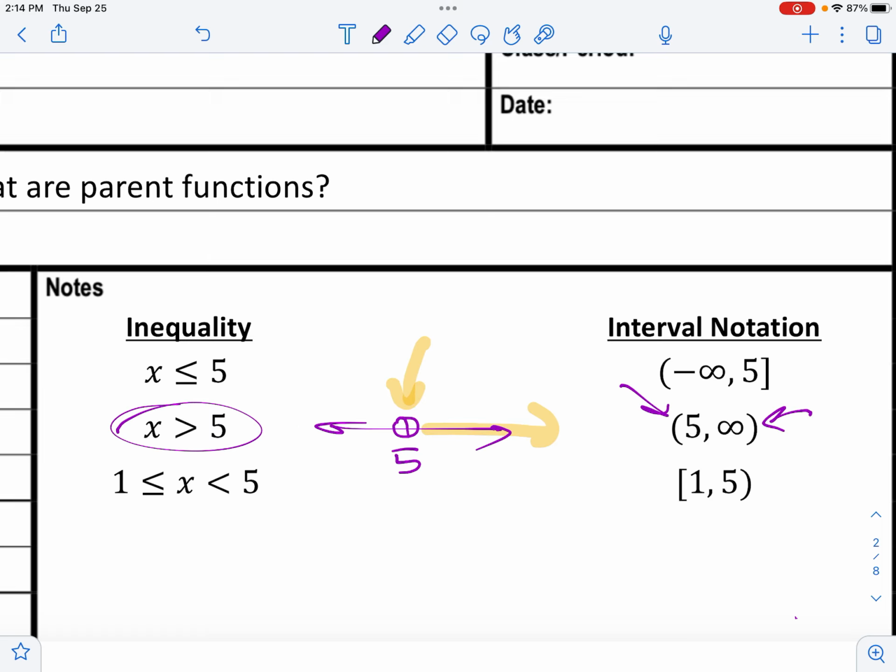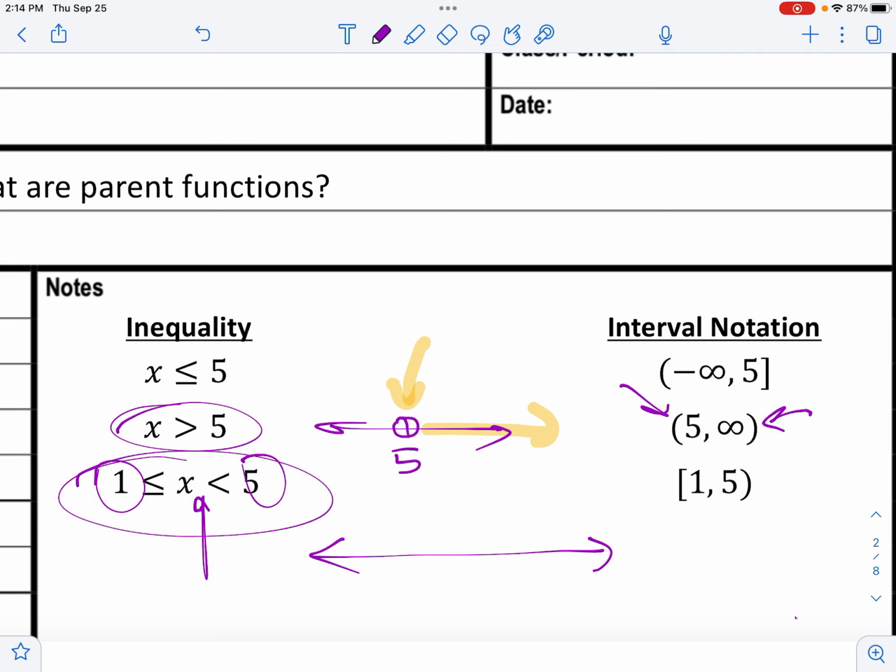Okay. And then we have this right here, which is another way of just saying x has to be between 1 and 5. Now, they are saying that 1 is included, and then 5 is not included. So you'll see here, 1 is included.